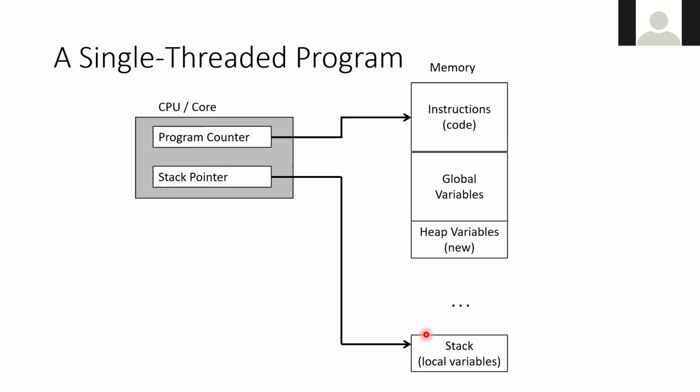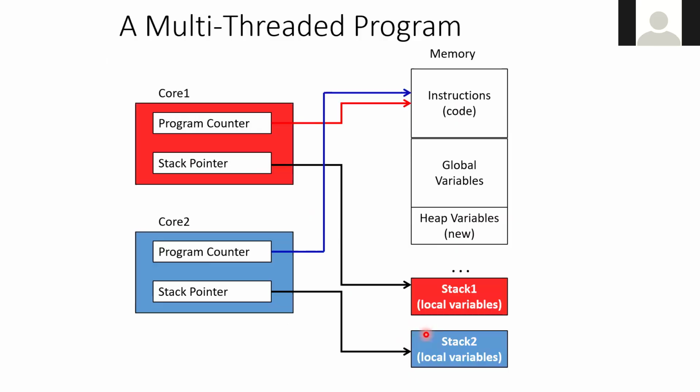When you add a thread to your program, you will have two program counters, both pointing to different places in the instructions. Instructions are shared in memory. You'll have two stack pointers pointing to different stacks.